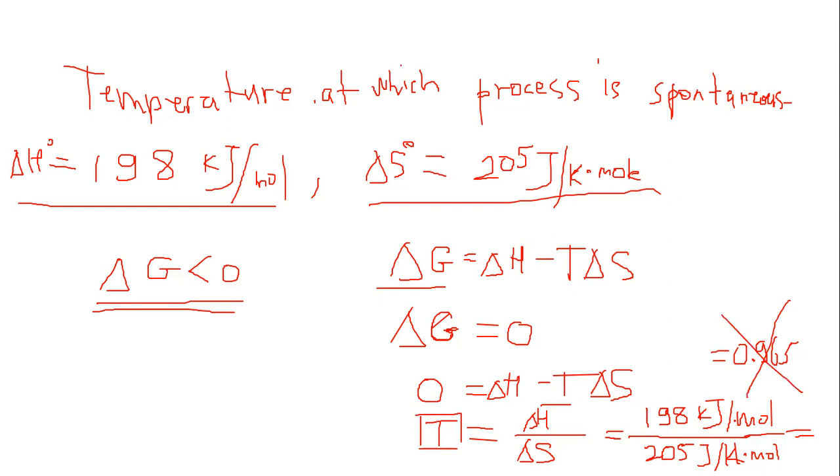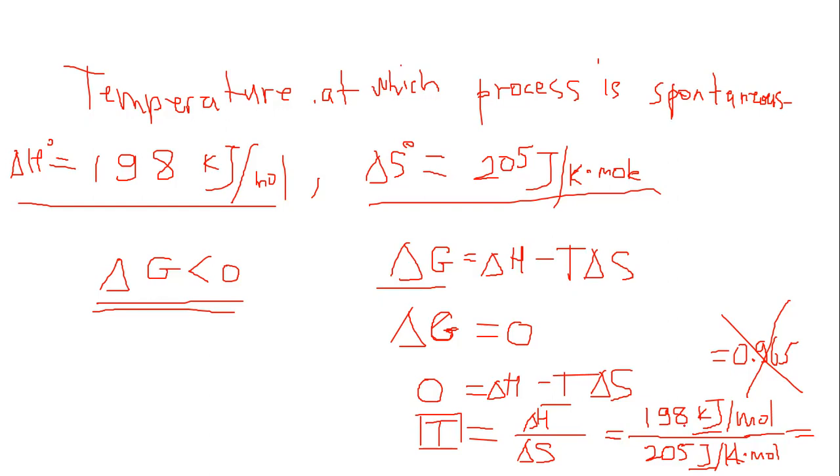We must convert the unit of delta S, because you have kilojoules here and joules here. If you continue like this, you will get the wrong answer. So this is why it's important. You need to bring all units to the same table, so to speak.